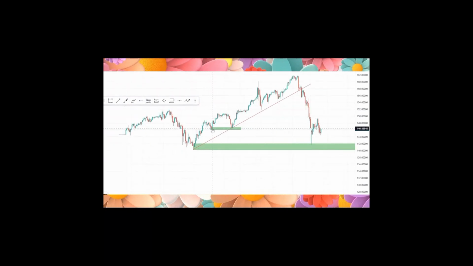Okay, let's see if we can find some key areas. Yeah, so after the M pattern, this was the major last low that created the last high.